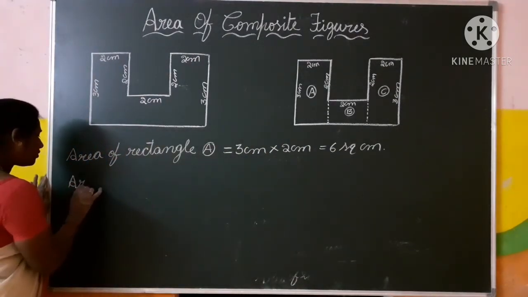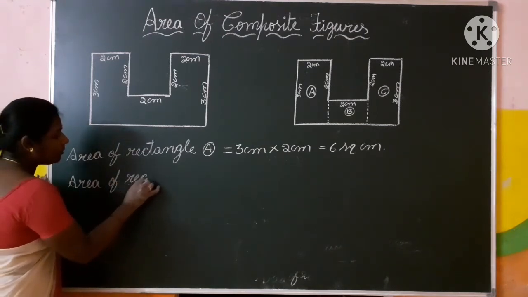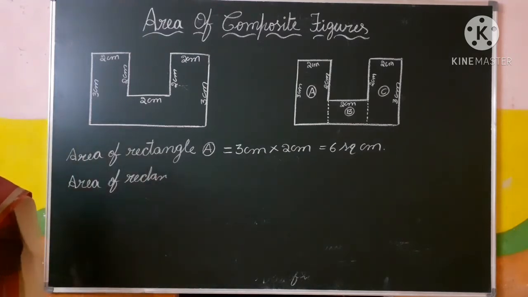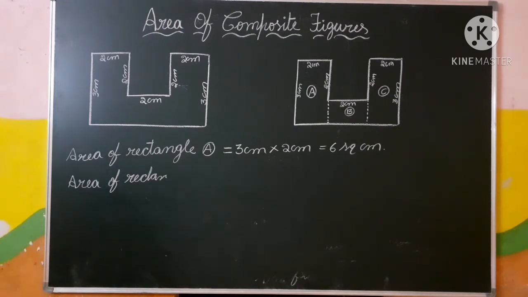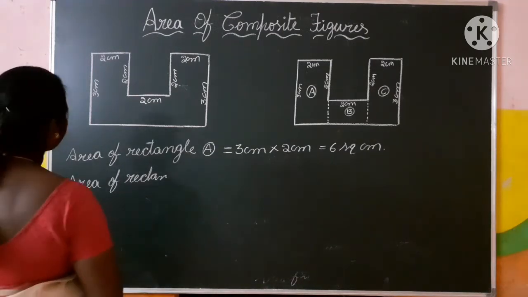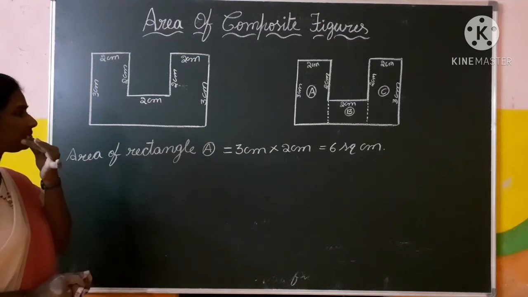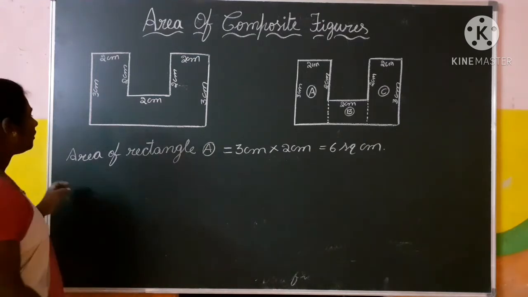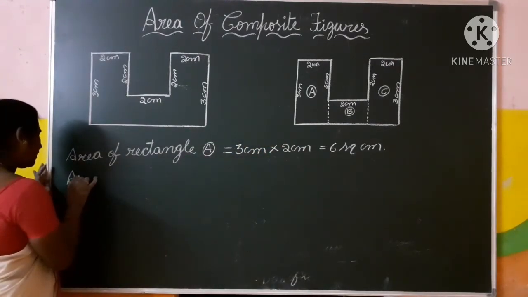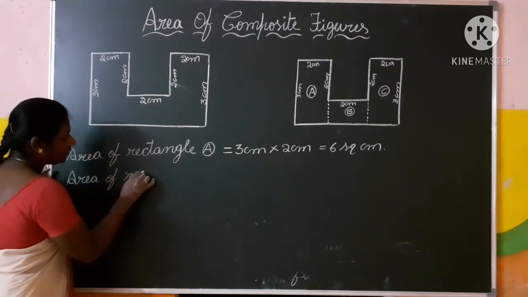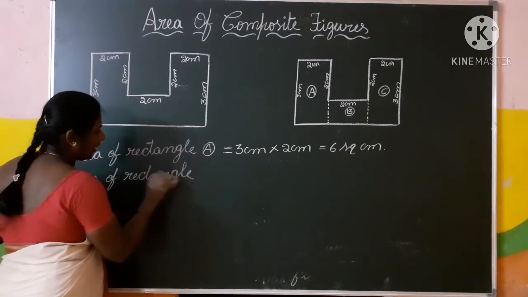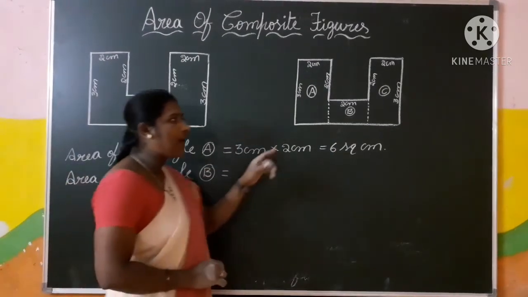Next, area of rectangle B. To find the area of rectangle B, we have to know the length and breadth.